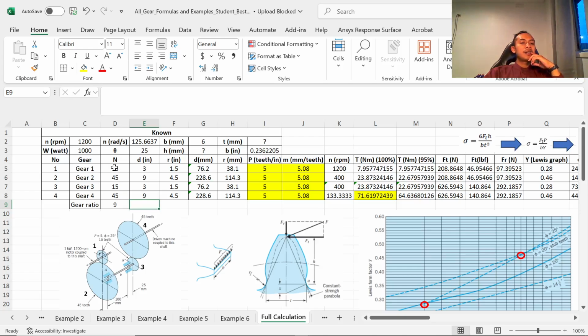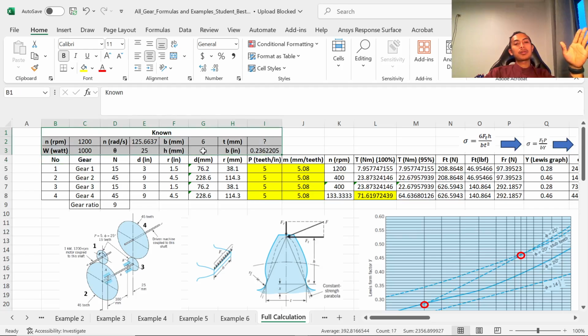This is an example from one of the tutorial questions. There are known parameters and unknown parameters.